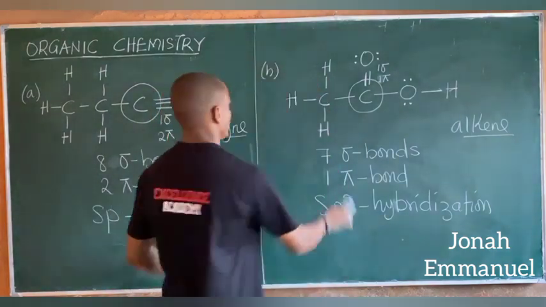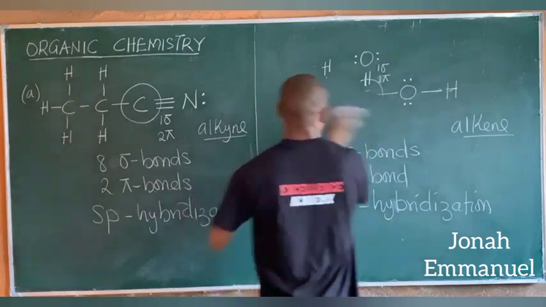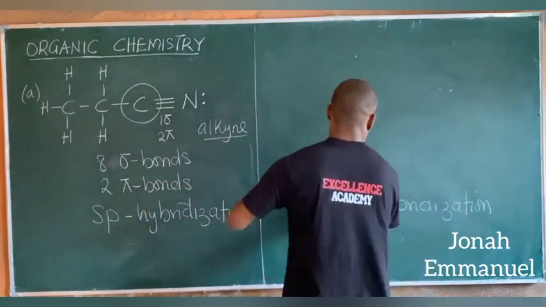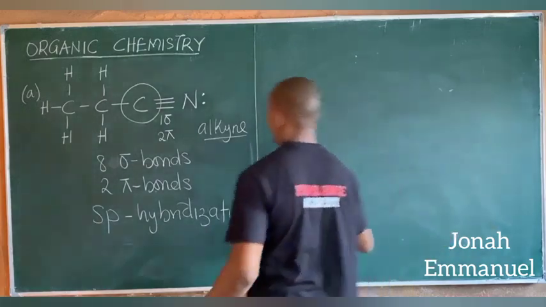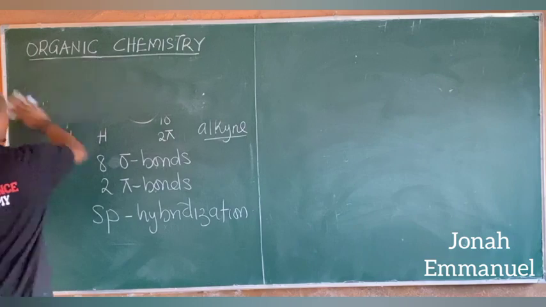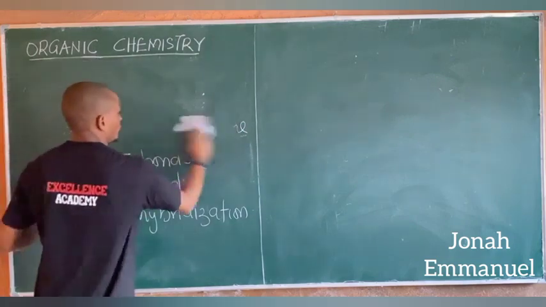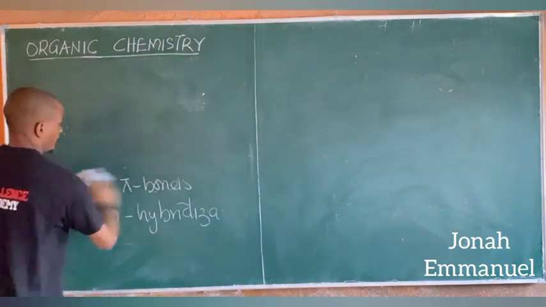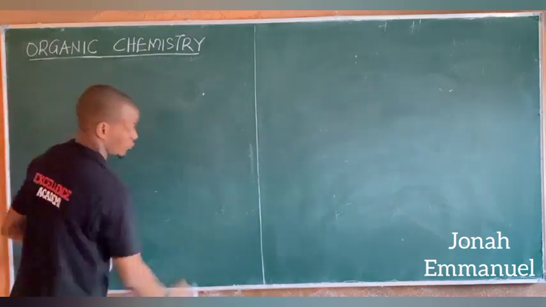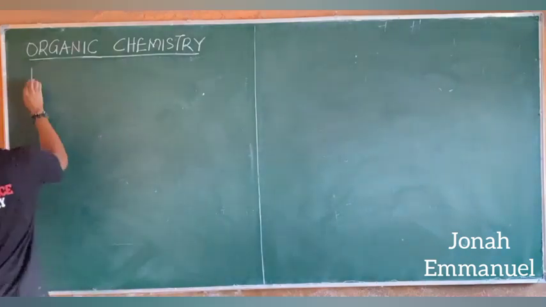Alright, having looked at this, let's now look at the basic rules in naming any organic compound. What are the rules? If I'm given an organic compound, how can I easily name it? What should I look out for first before I name the compound?